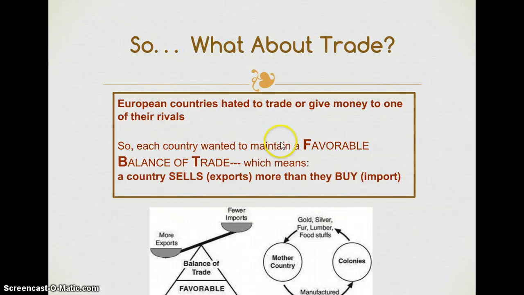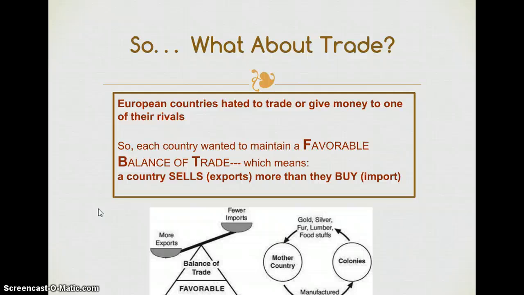You'll see on the notes it will be listed as FBT, which means they want each country, right? Say England wants to sell more than they buy. Okay, so favorable balance of trade means a country sells or exports more than they buy or imports. Okay, does this make sense?